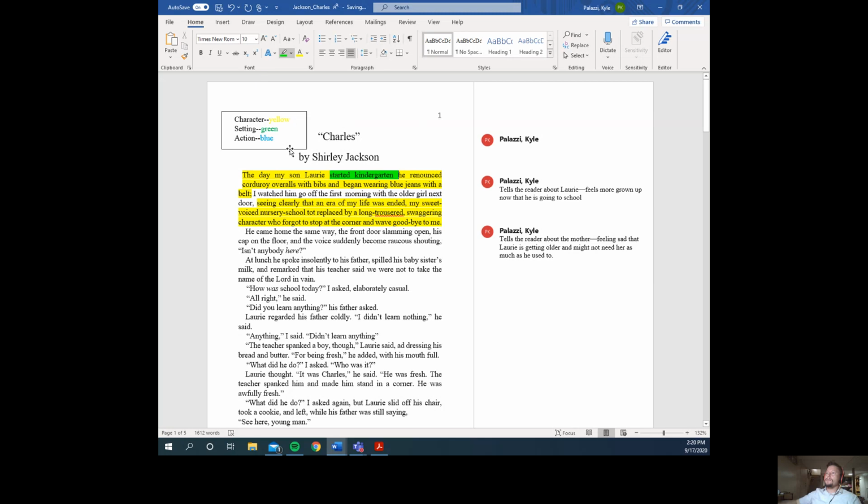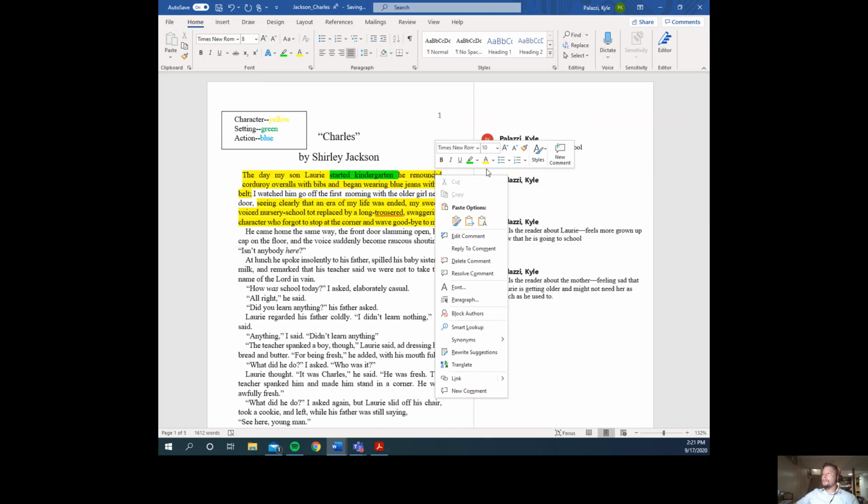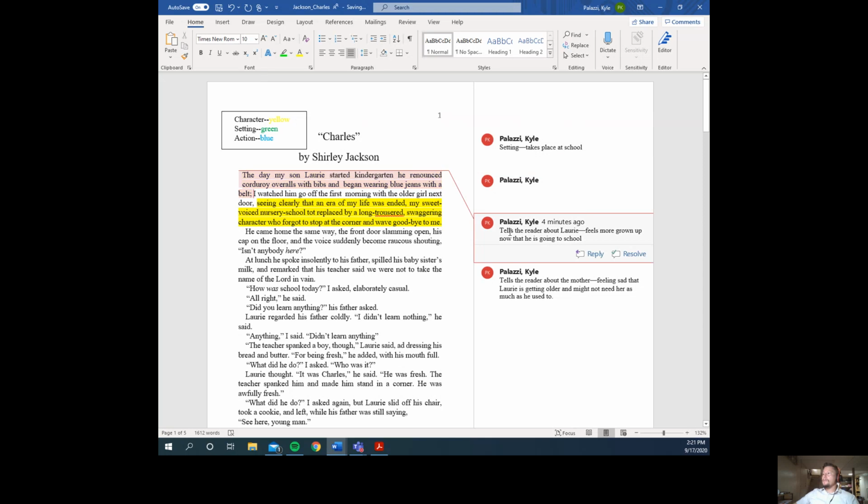Now it's going to maybe be a slightly different color, but that's okay, because it lets us again comment on what we just highlighted, and we're going to mark this: setting takes place at school. Okay. So all of these things are now annotated for us.